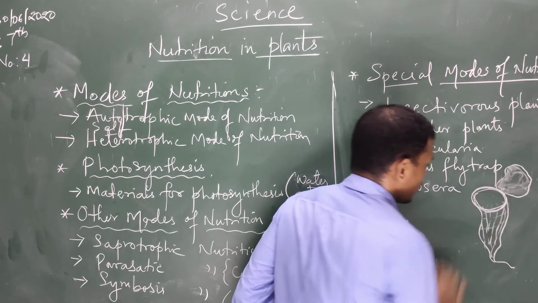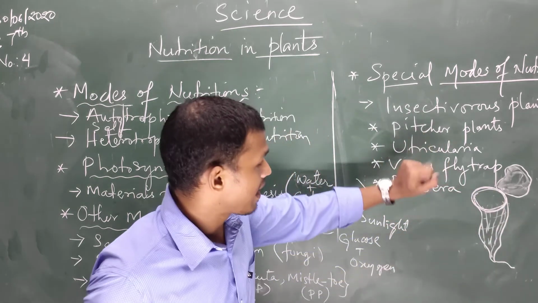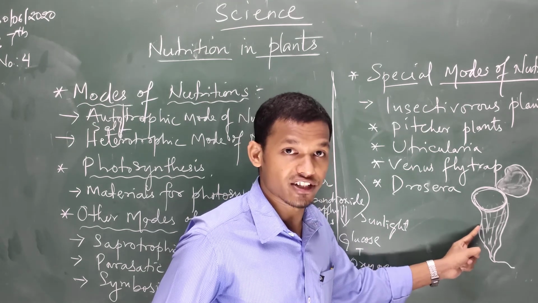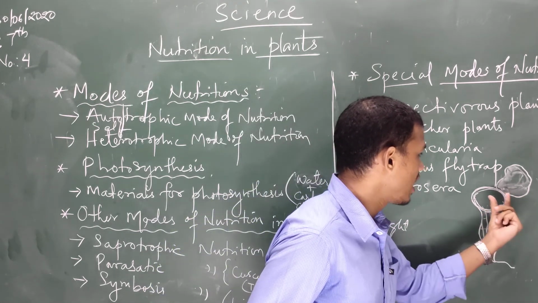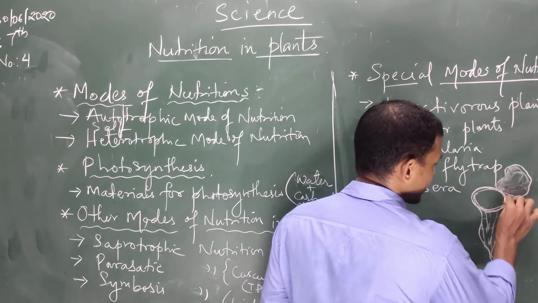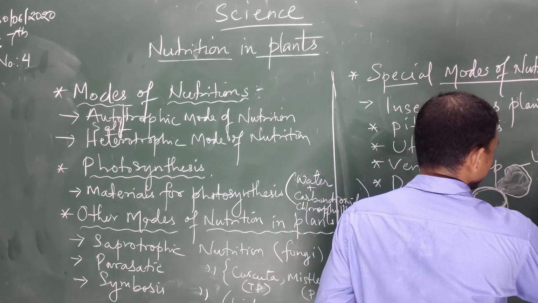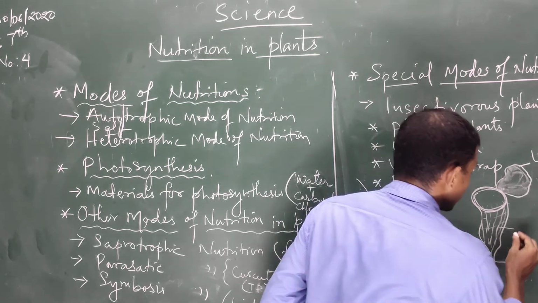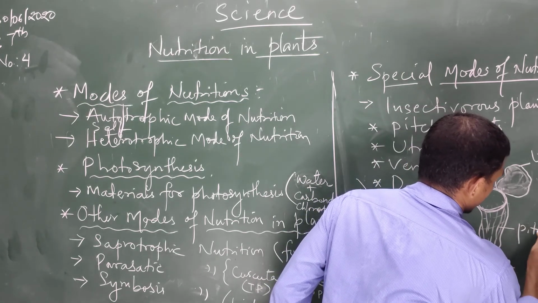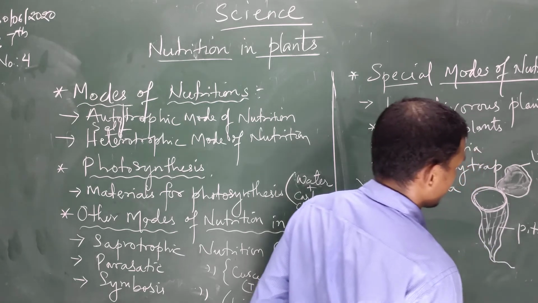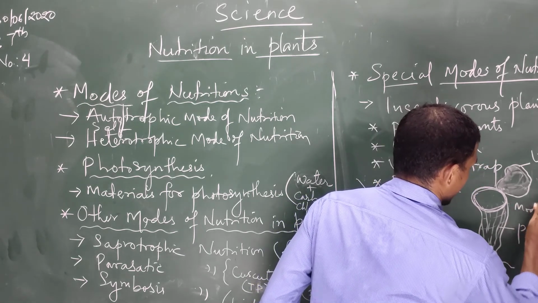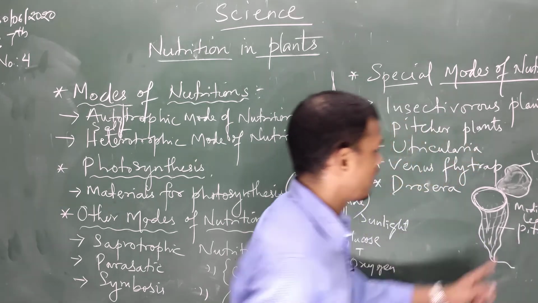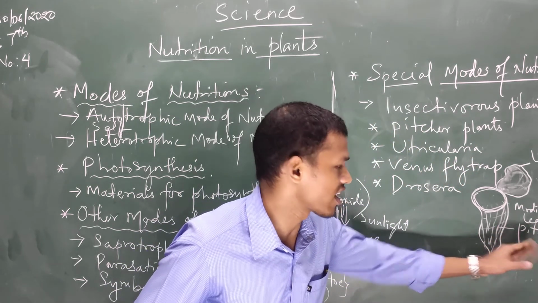Got it? In the pitcher plant, this leaf is modified into a pitcher-like structure, which has a lid on the apex of the plant. This part is called the apex. This is the modified leaf, the pitcher structure.